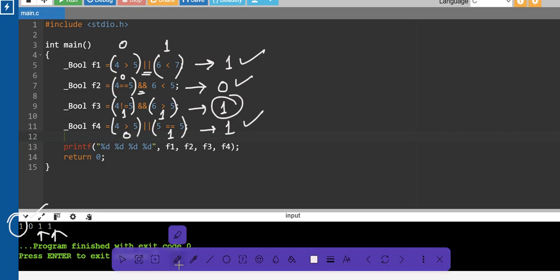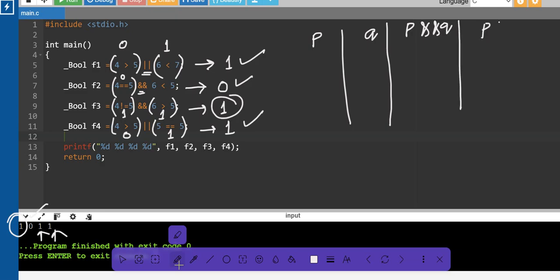Okay, so you can easily remember if you just remember one table. Let's assume that P is one condition, right? Q is another condition, okay? And we want to find P and Q, and we want to find P or Q. So truth table kind of stuff.